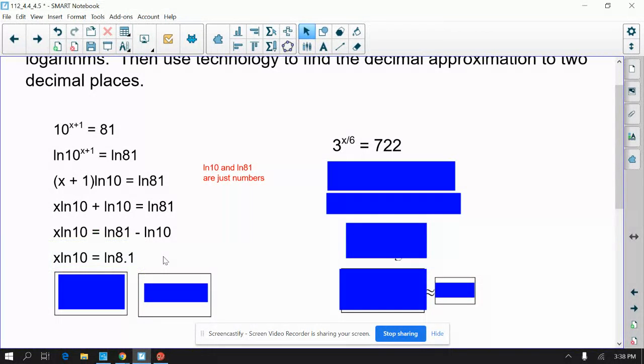So I can write it as the natural log of 8.1 divided by the natural log of 10. And that is simplified. There's no property that we talked about where dividing these two things is going to be something else. So this is my answer in terms of natural logs.